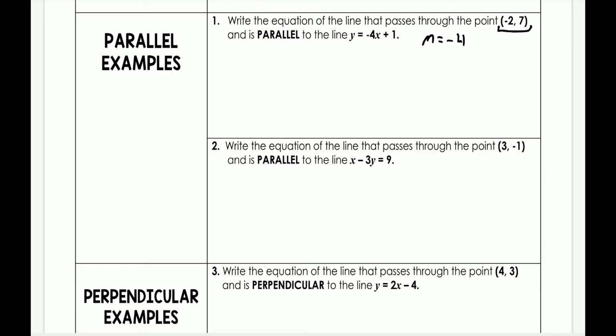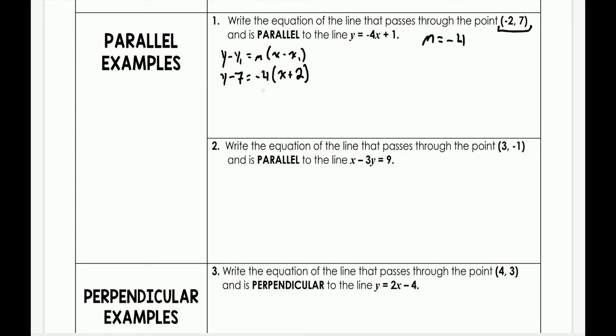If you remember, point-slope form is y minus y1 is equal to m times (x minus x1). Let's fill in the blanks. So we have y minus 7 is equal to m, which is -4, multiplied by the quantity x minus x1, and x1 is -2, so that's going to be plus 2. And now we're going to solve this until we have y equals mx plus b.